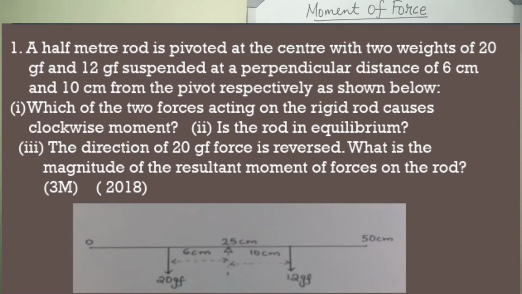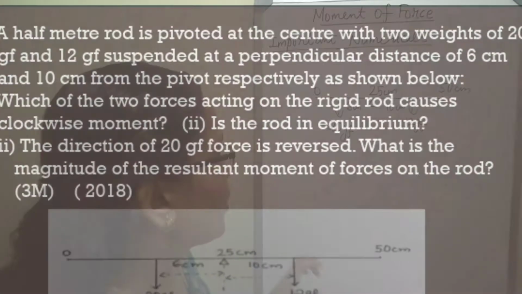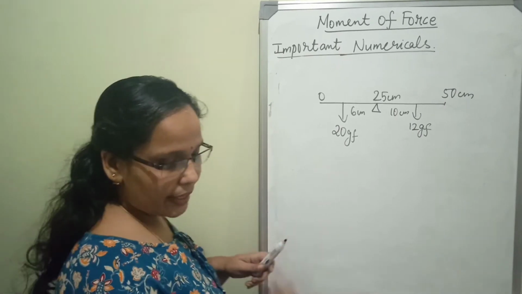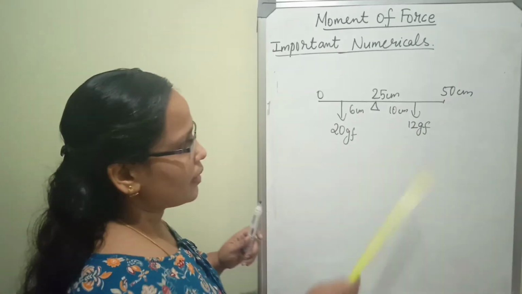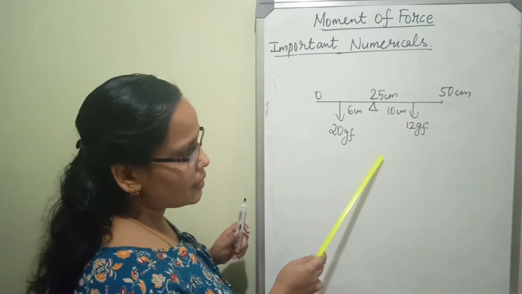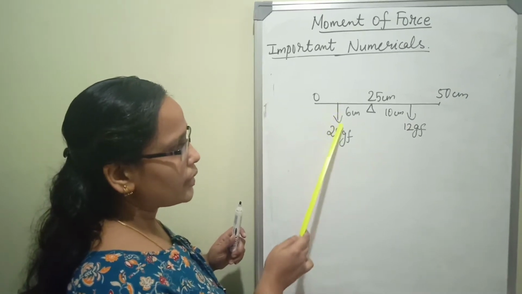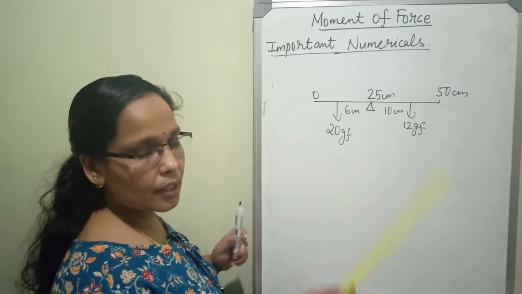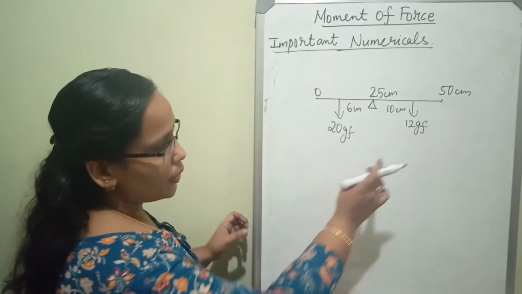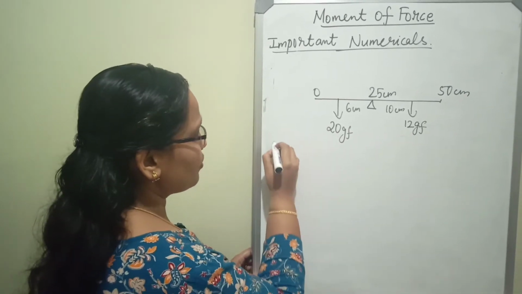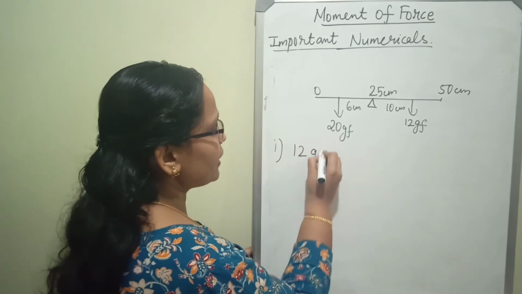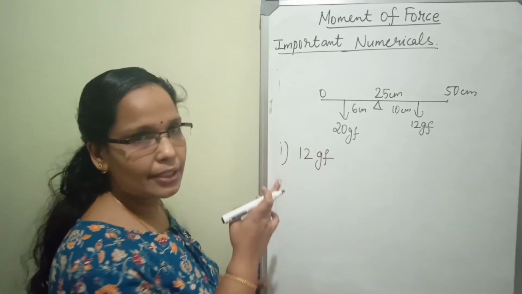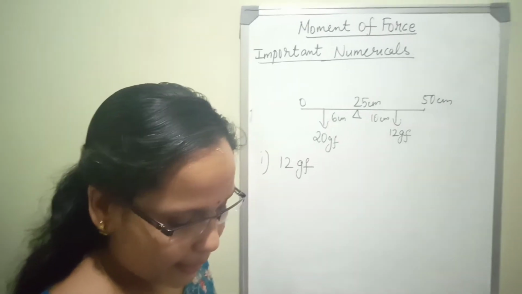First question: which of the two forces acting on the rigid rod causes clockwise moment? Here we can see the 12 GF turns clockwise, and 20 GF turns the meter rule anti-clockwise. So the first answer is the 12 GF force turns the half meter rule in clockwise direction.